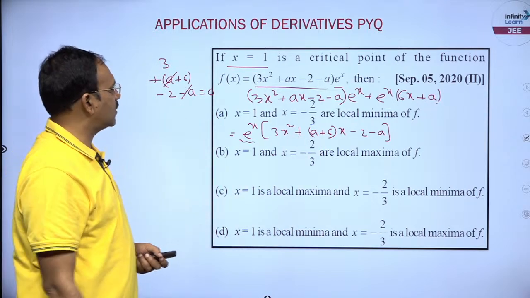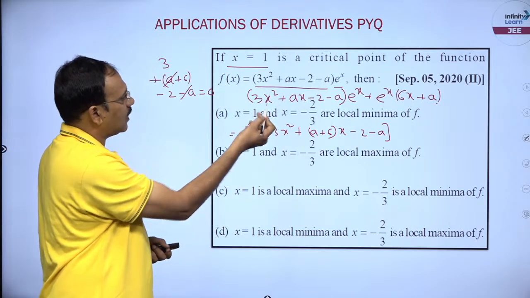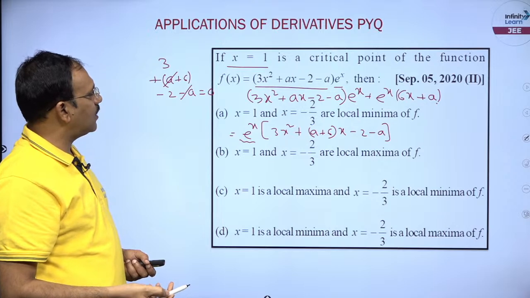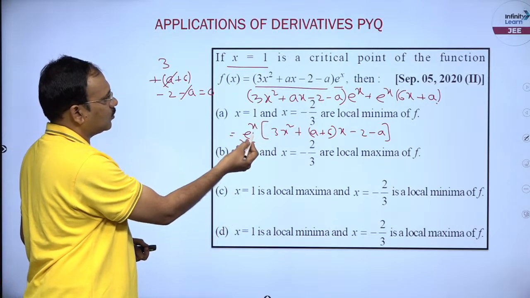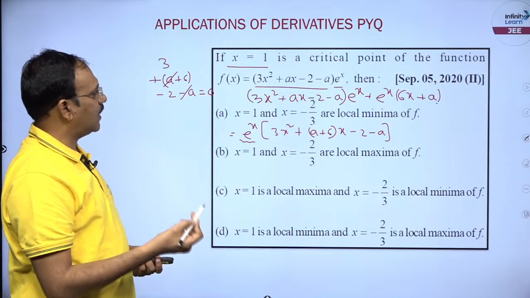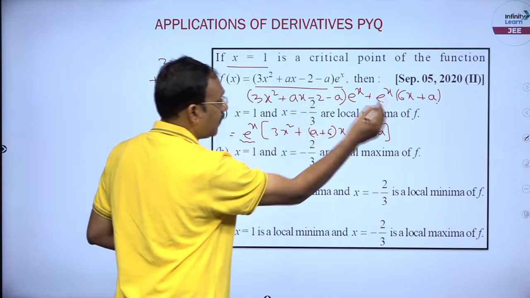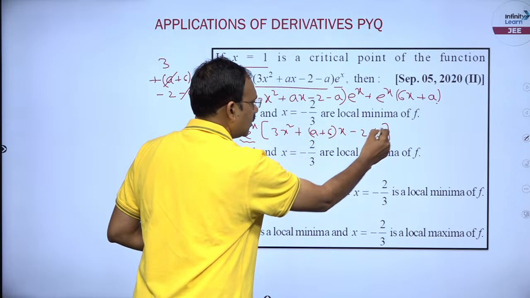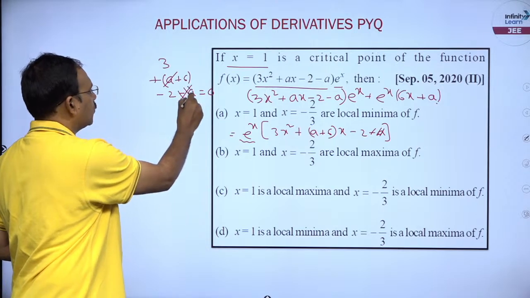So, dear students, I have taken f of x, its derivative, u derivative of v plus v derivative of u. So you are going to get e power x into 3x square plus a plus 6 into x minus 2 minus a, plus a is also there. So this gets cancelled, friends, and you will get only minus 2 here.